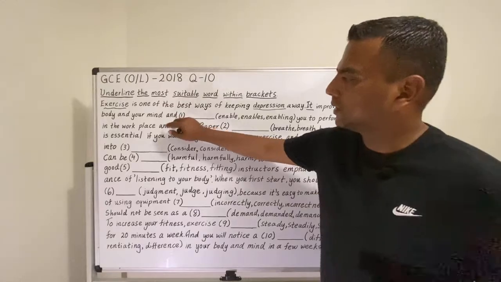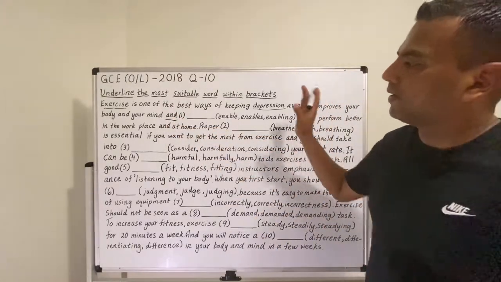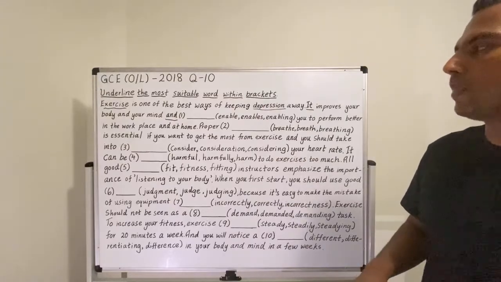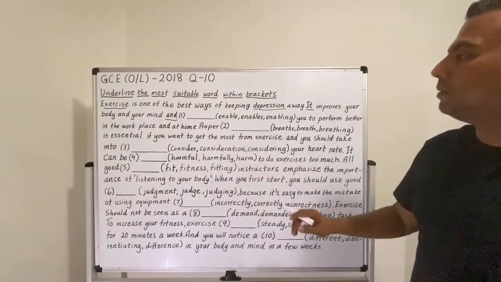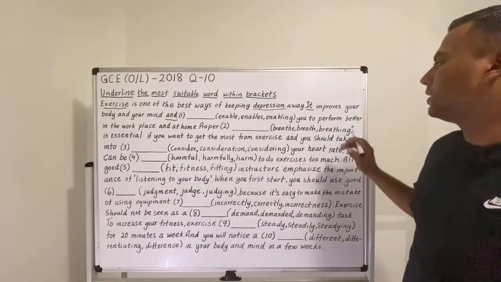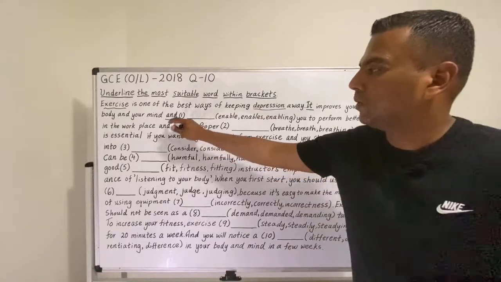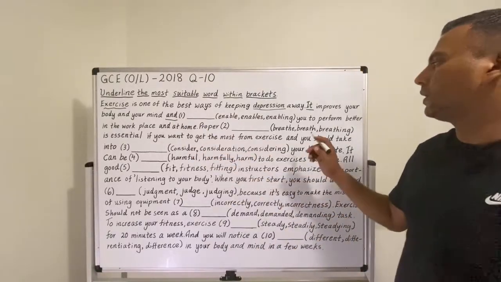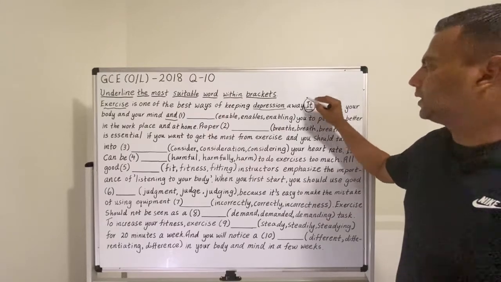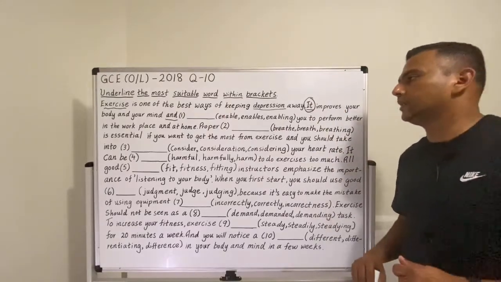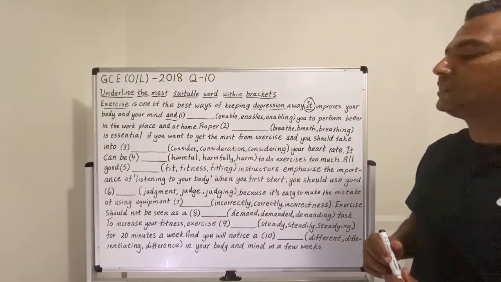Then they have used the conjunction and. Okay, and what they have done is they have added another part to this sentence by using the conjunction and. But in that part, as you can see, it doesn't have a subject, because when you use and, they can use the same subject that we found at the beginning of the sentence on a sharing basis.